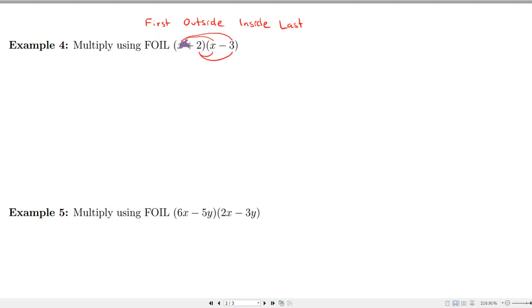So again, first, x times x, that would be your F. Outside would be x times -3. Plus the inside, 2 times x. That would be the I. And last would be 2 times -3.